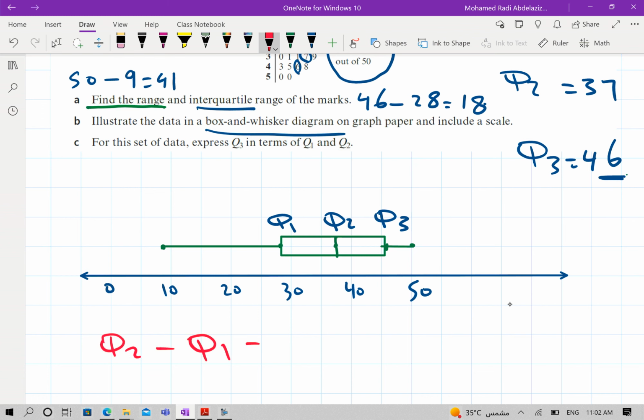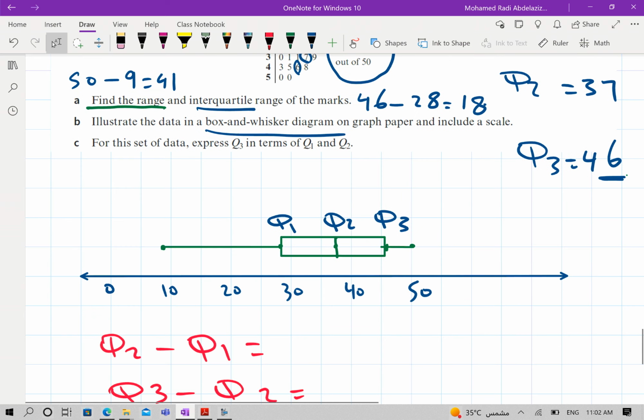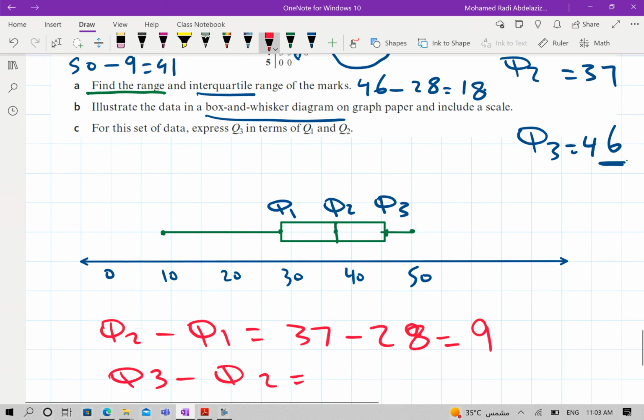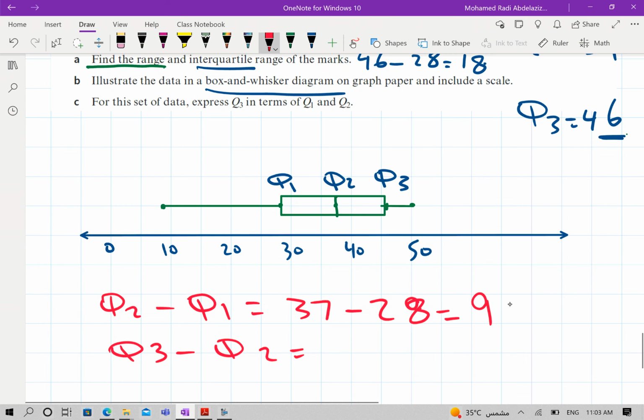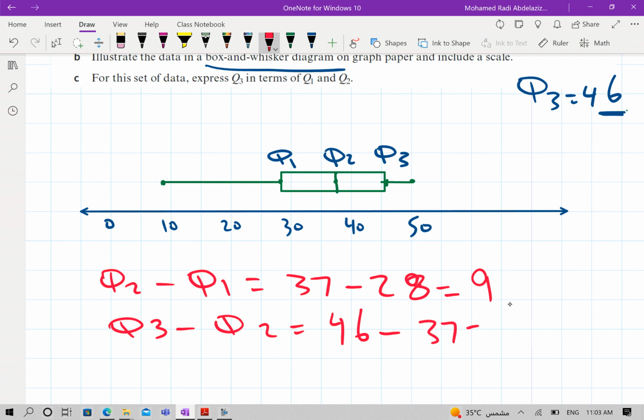Q2 minus Q1: 37 minus 28. The answer is 9. Q3 minus Q2: 46 minus 37. Is it 9 exactly? This kind of data is called normal distribution.